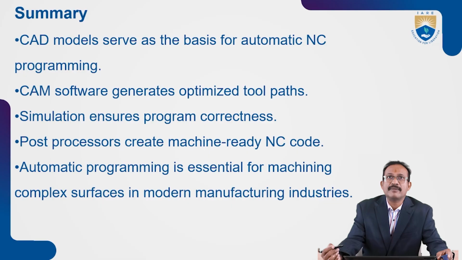Simulation ensures program correctness. Before we take it into real manufacturing, we have to simulate. Post processing creates machine-ready NC code. Automatic programming is essential for machining complex surfaces in modern manufacturing industries.